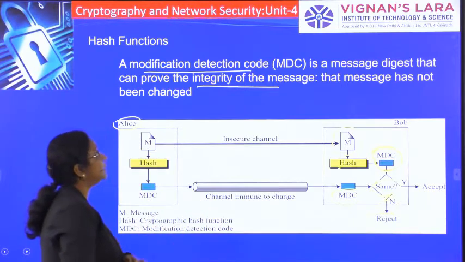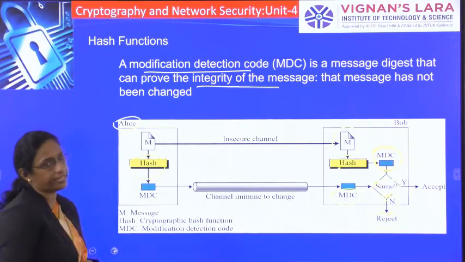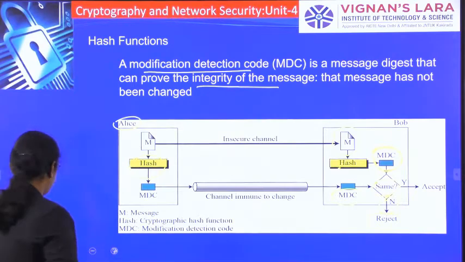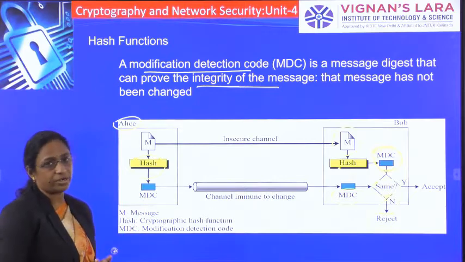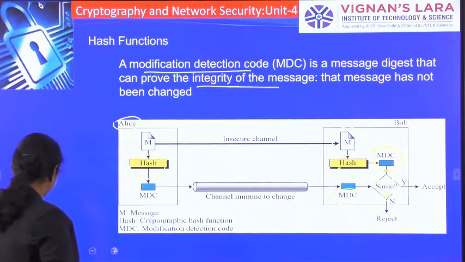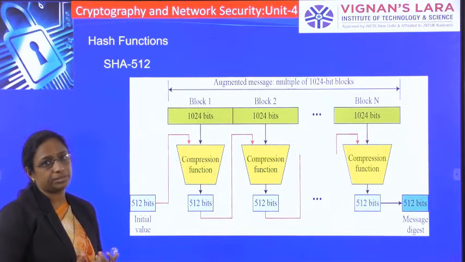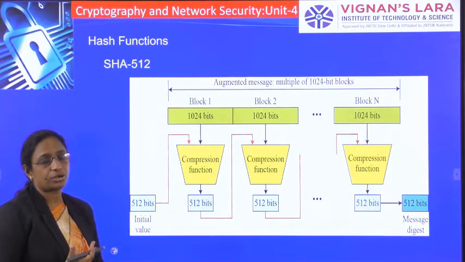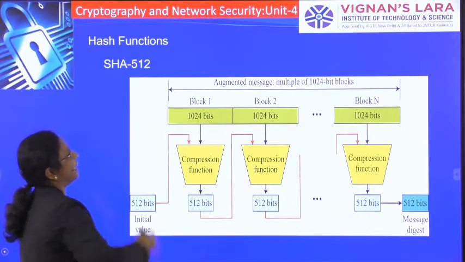So that is about the hash functions. There are several hash algorithms available to generate this modification detection code. One common, familiar and most commonly used hash function is the SHA-512 algorithm.